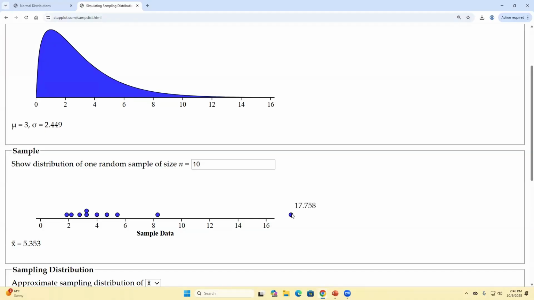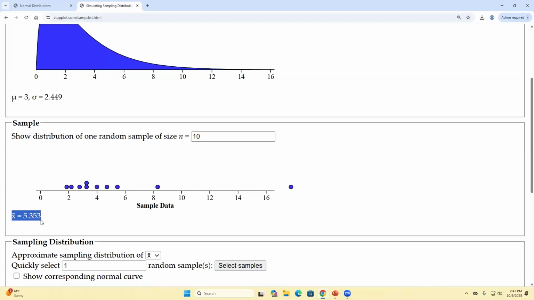But importantly, these are 10 new individuals from this population, and they have their own distribution, right? They have a distribution that is heavily skewed over here to the right. This sample now has a new sample mean.